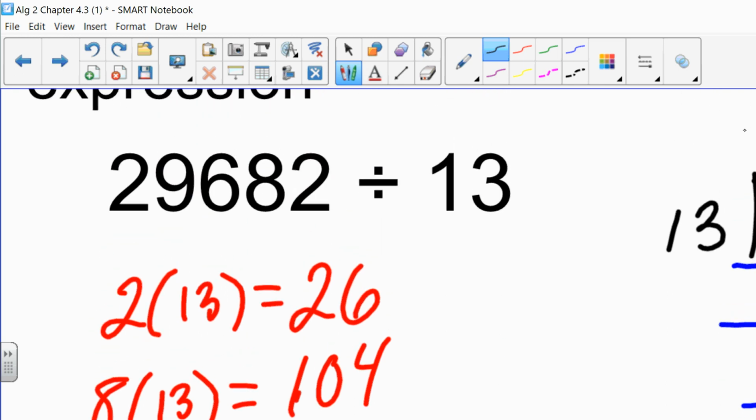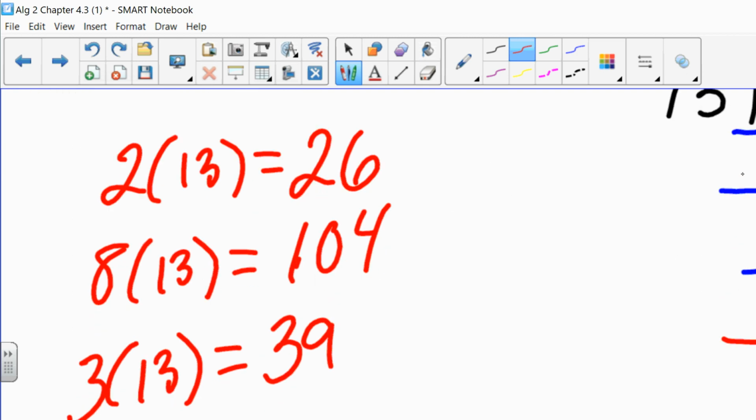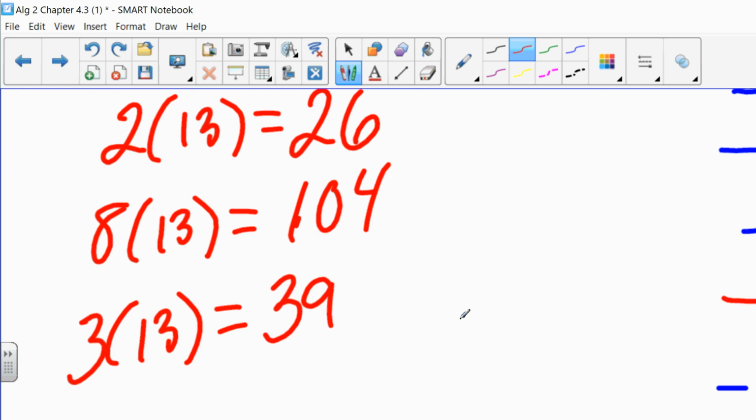And how many times does 13 go into 42? 3 times. And 3 times 13 is 39. And what would the remainder be? 3.